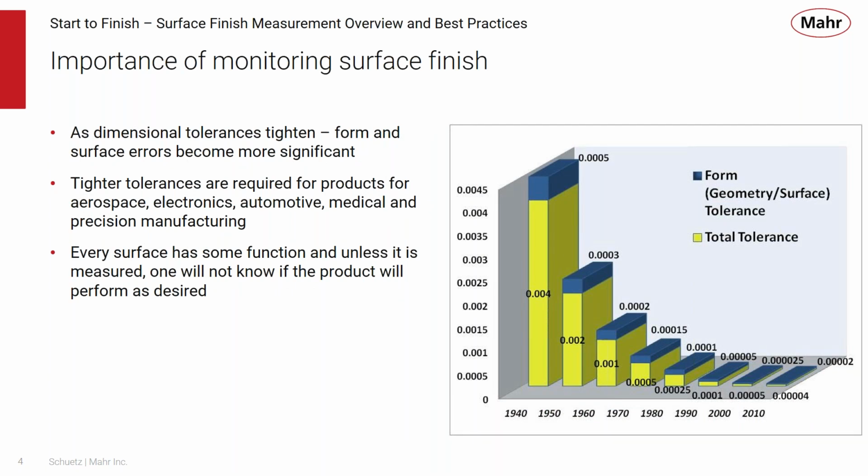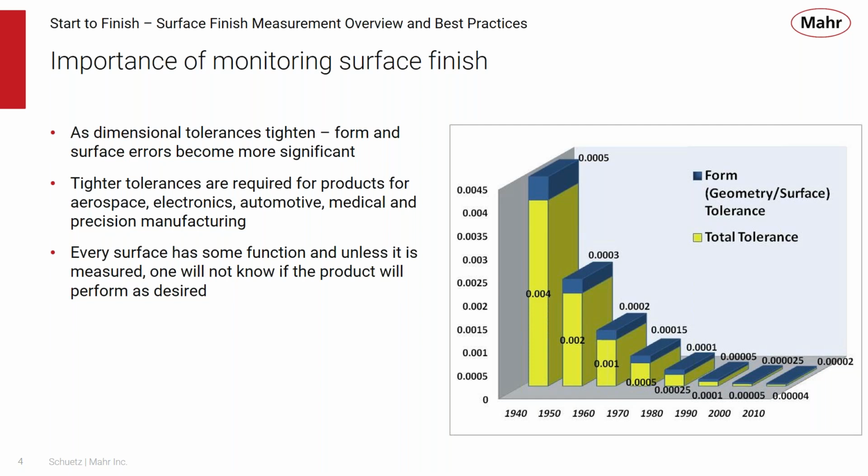As dimensional tolerances have tightened, form and surface finish errors have become more significant. You can see this chart on the right here that represents tolerances from the 1940s all the way through today, and tolerances have shrunk a lot over that time. Mostly because of aerospace applications, automotive, medical, electronics, and even precision machining.